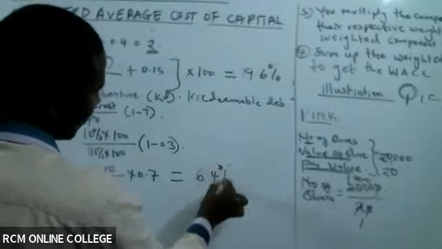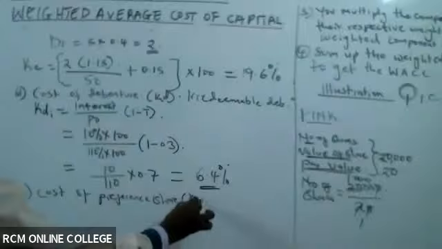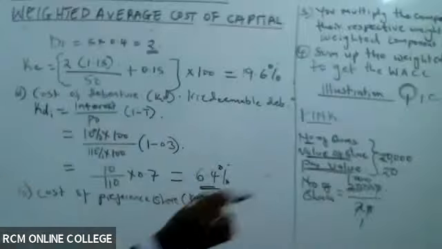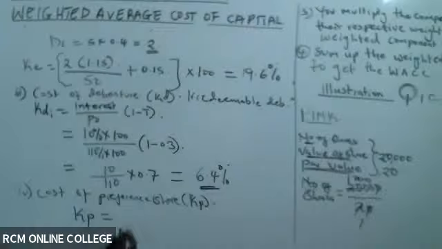Then we go to the fourth thing, the cost of preference share, as simple as it is. We call that KP. KP will be equal to the preference dividend, and to get our preference dividend we take the 8% we were given, times par value. I think that's where people made mistakes, times par, then divide by the market value.